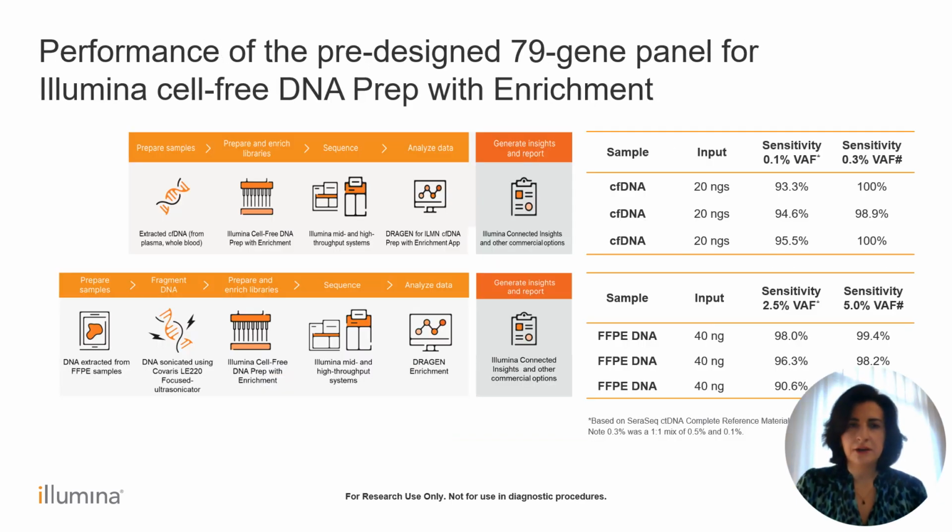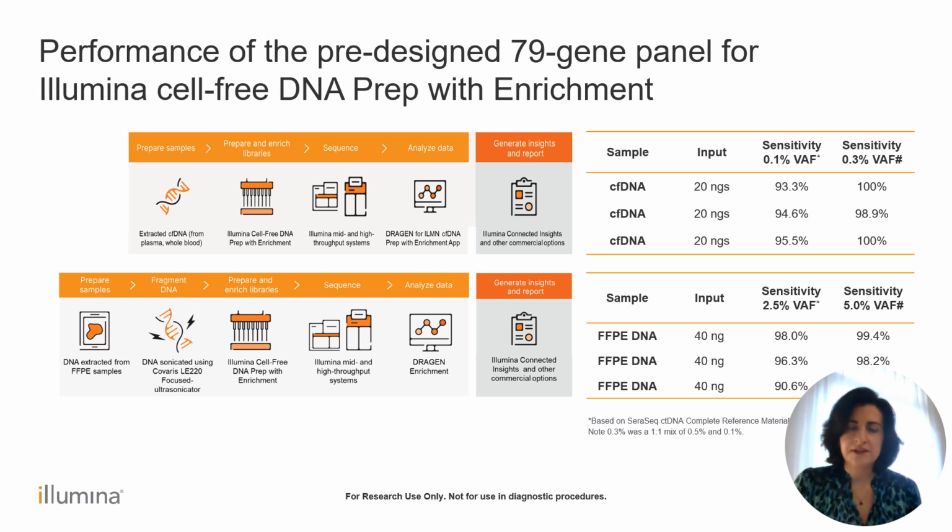Let me quickly guide you through the performance of this pre-designed panel. If you look on the right-hand side in the table, with ctDNA input of as little as 20 nanogram, our colleagues could reach 0.1% variant allele frequency detection with sensitivity more than 90%. And for FFPE material with 40 nanogram input, it was 2.5 variant allele frequency with more than 90% sensitivity.